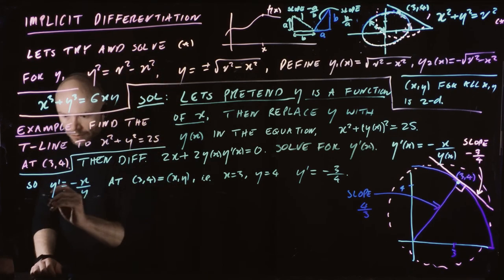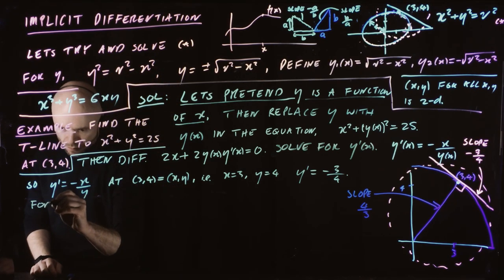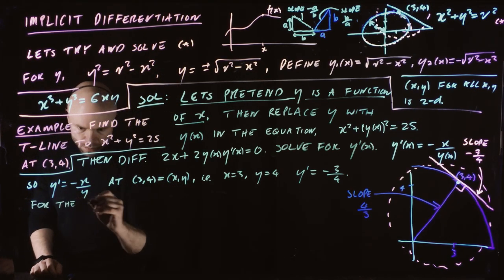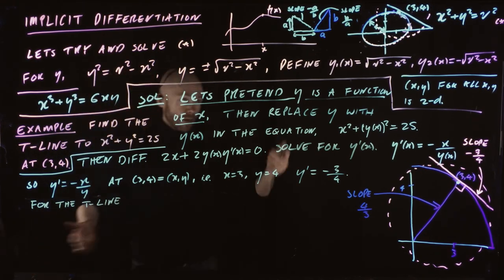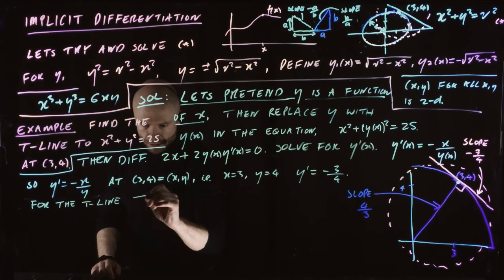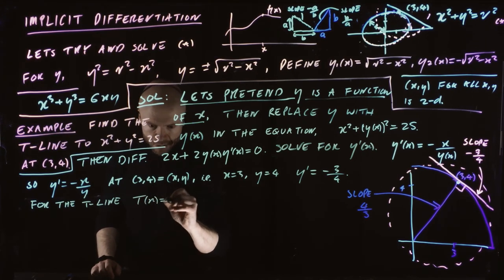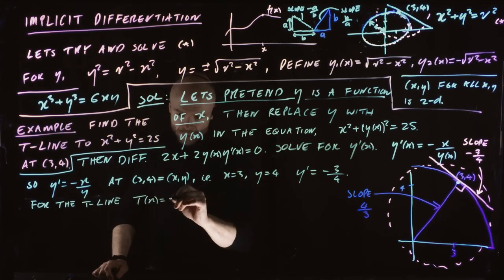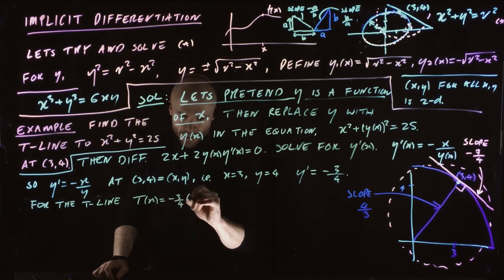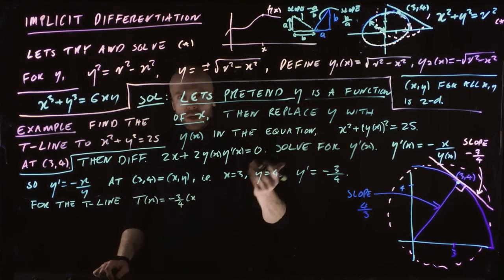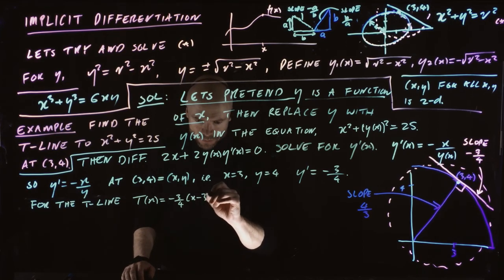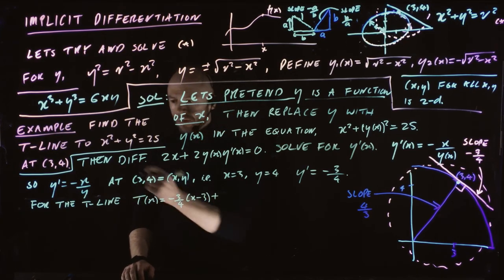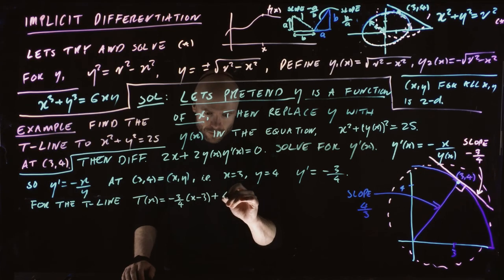But for the tangent line, we know well how to write down a tangent line, right? So for the tangent line, we're going to put the slope, which we know, minus 3 over 4, times x minus the x-coordinate we're going through, and the x-coordinate we're going through is 3. So x minus 3, plus the y-coordinate, which is 4.